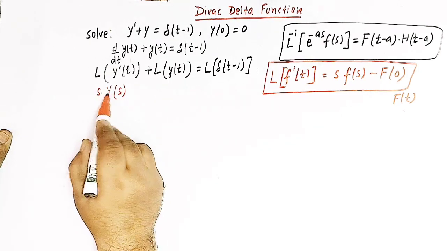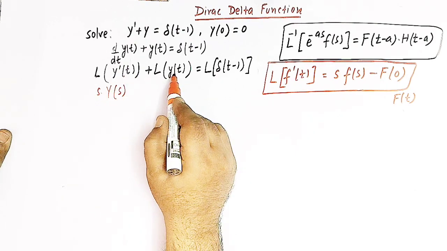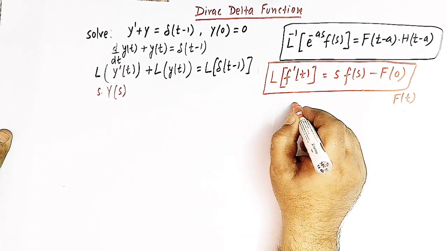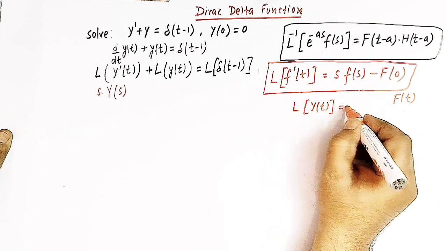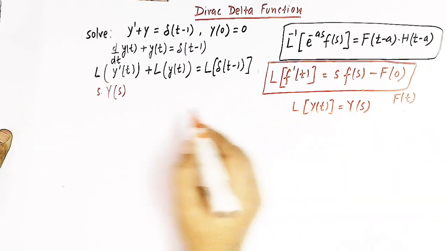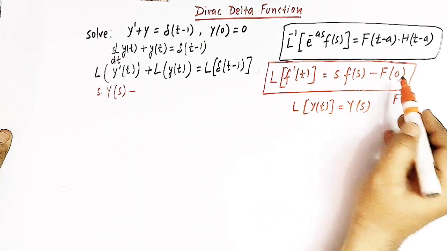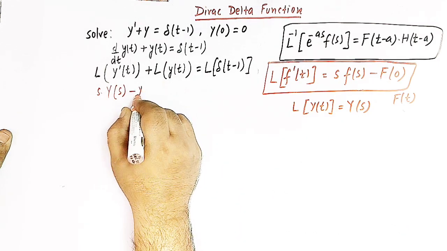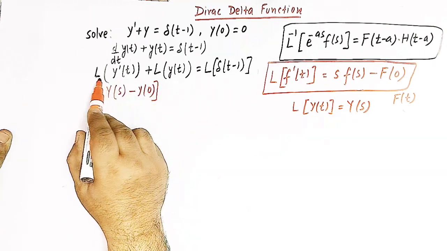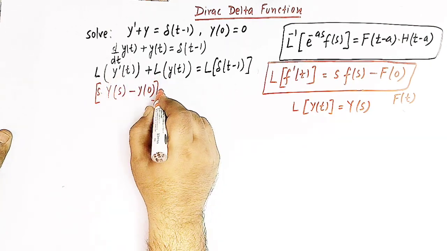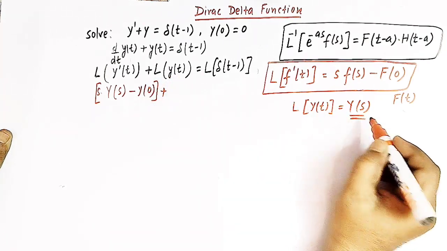Here we are using the notation capital Y of s for the Laplace transform of the function y of t. So the Laplace transform of y of t can be written as capital Y of s, and then we have minus f of 0, which here is y of 0. This is the term for the Laplace transform of y prime of t, and then the Laplace transform of y of t can be replaced by capital Y of s.